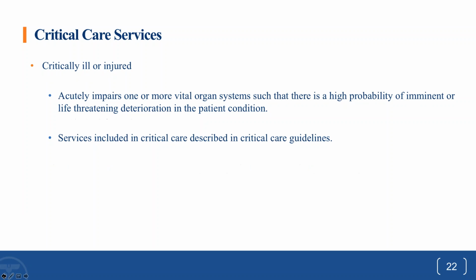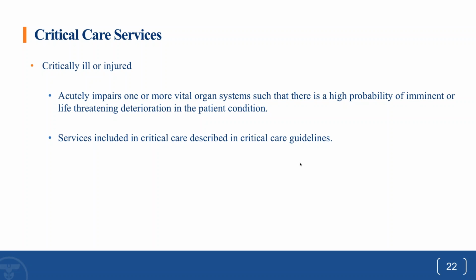Let's look at a description of critical care so you can understand the definition of critical care. On this slide, it says that it acutely impairs one or more vital organ systems such that there is a high probability of imminent or life-threatening deterioration in the patient's condition. So it tells you on page 24 everything that's included in your 99291.